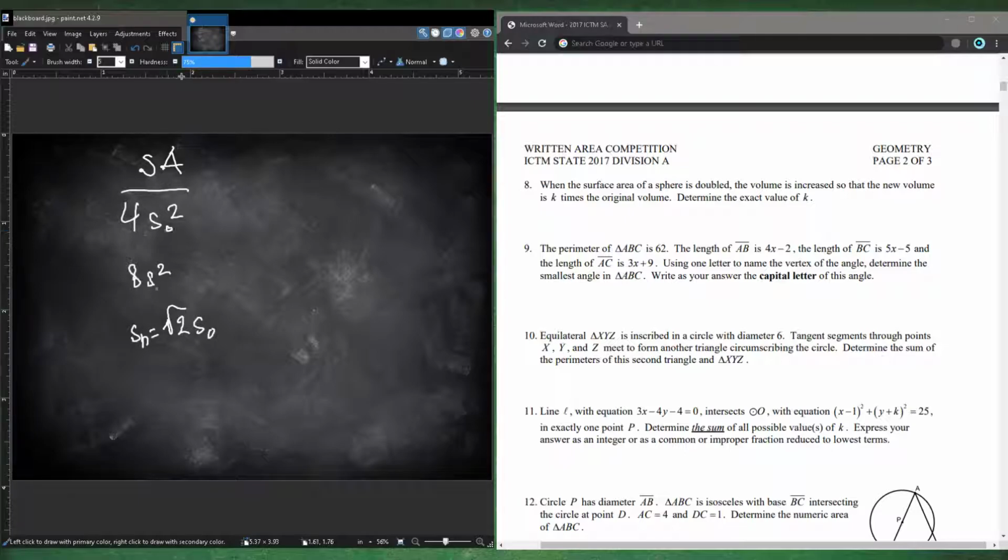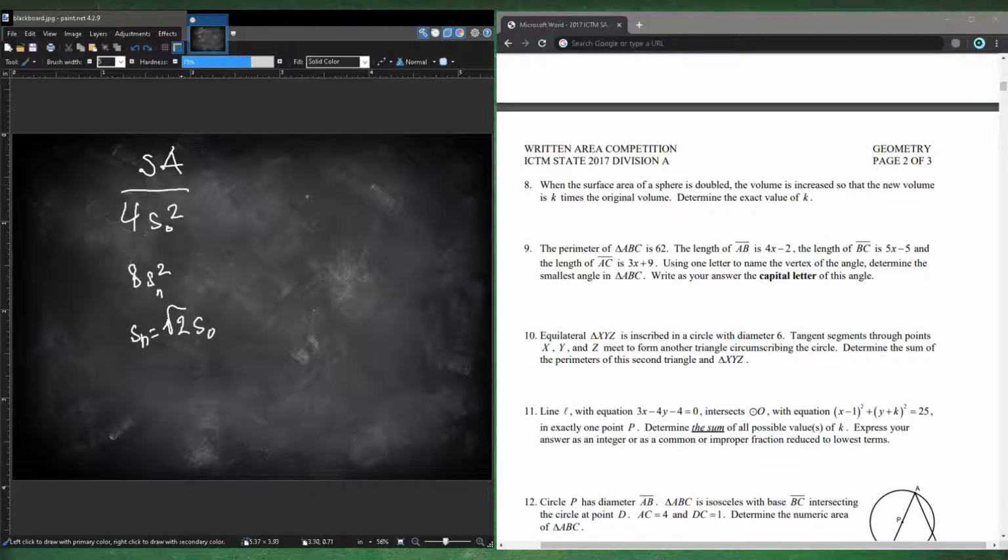So old, and this one's your new. And the reason is because when you square this one, that makes 2s old squared, and then we have that formula which has a 4, so multiply by that 4. So this part plus this part, 4 s old squared, that's your original area, times 2, that means you double it. So that's why we had to multiply by square root 2.